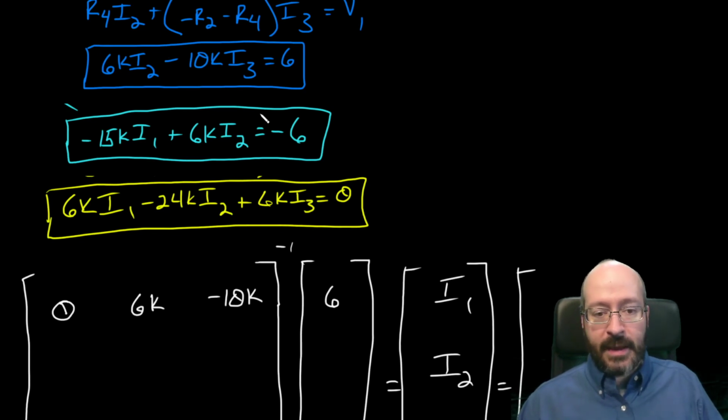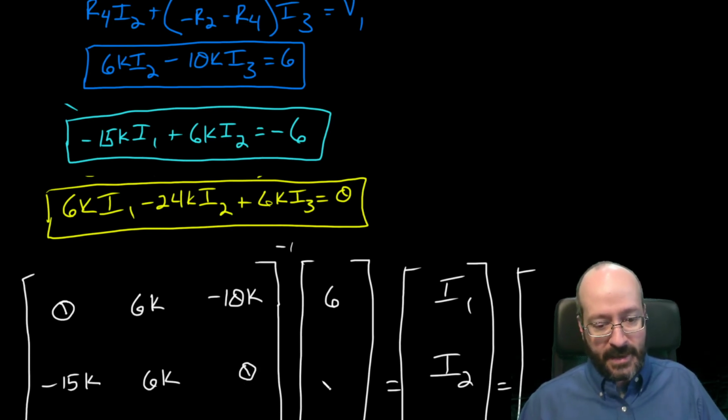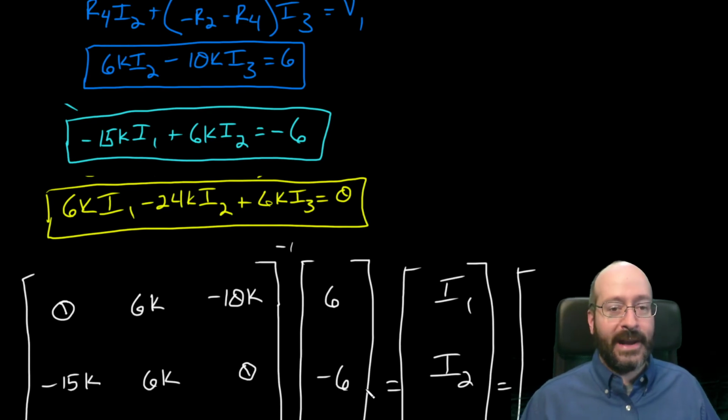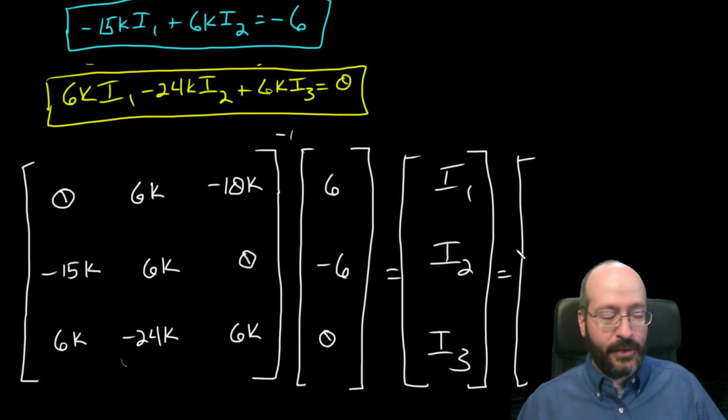Okay, playing the same game down here, we have negative 15K as a coefficient of I1, 6K as a coefficient of I2, 0 as a coefficient of I3, and negative 6 on the right-hand side. Moving down a little further, we have 6K in front of I1, negative 24K in front of I2, and 6K in front of I3, 0 on the right-hand side.